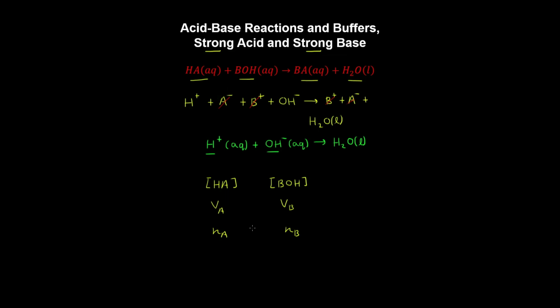And therefore if the acid is in excess, the hydroxides will all get consumed, and you'll have an excess concentration of hydronium in the solution, and therefore the pH is determined by the concentration of the hydronium ions.